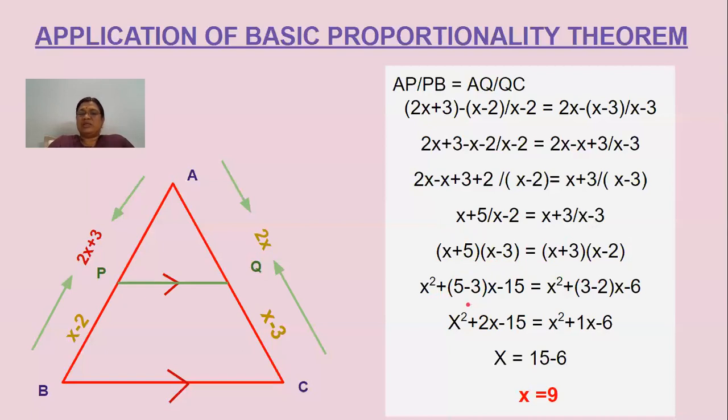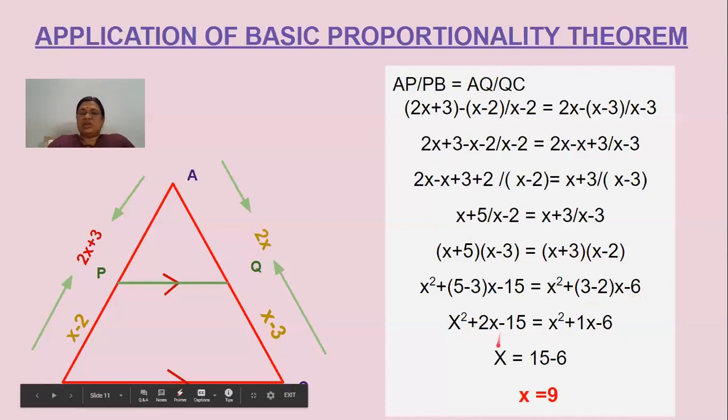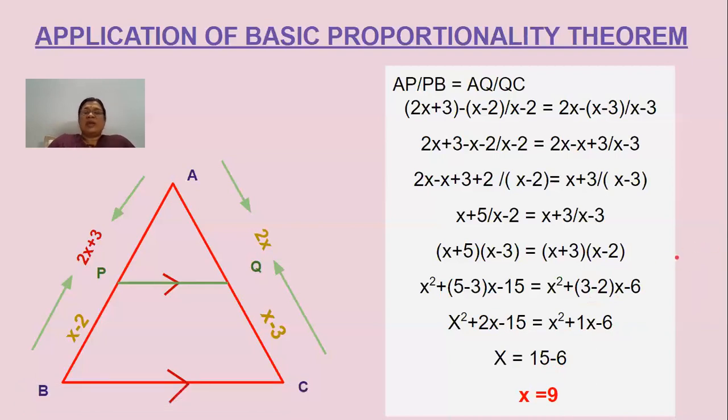That formula is applied here. x square, when you add these two, 5 minus 3 into x, and you multiply, minus 15. Here also x square, 3 minus 2, and here you'll get minus 6. So here the x squares will get cancelled. The x, when you take to the other side, x is equal to, when you bring 15 to the other side, 15 minus 6, that is equal to 9. The value of x is 9.